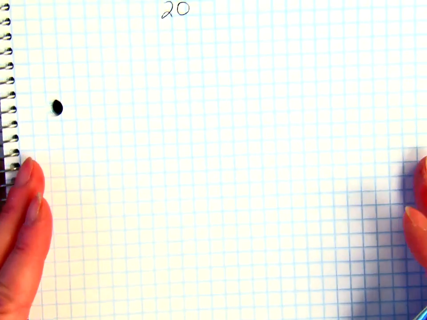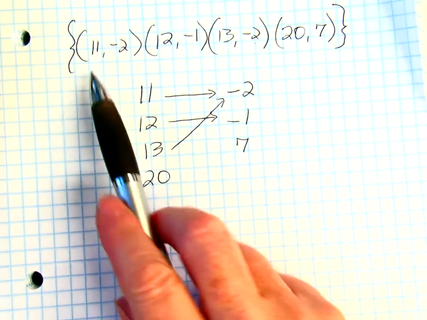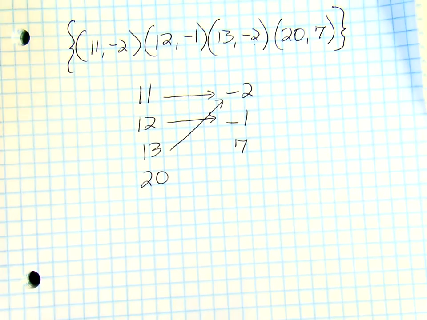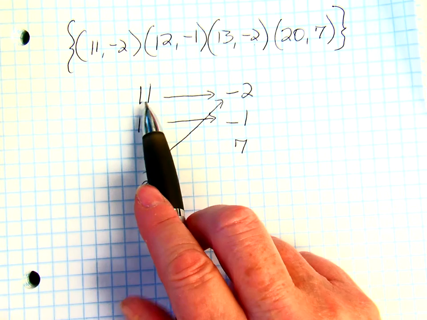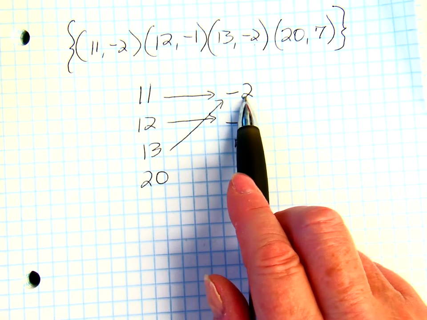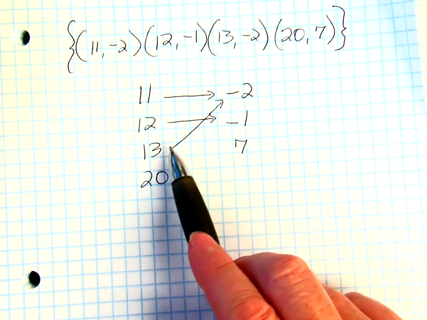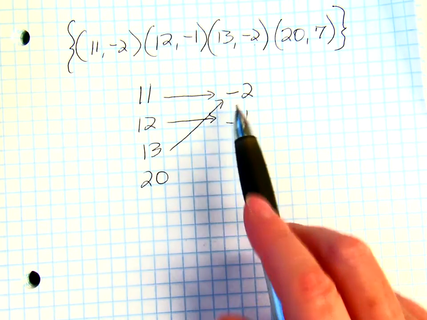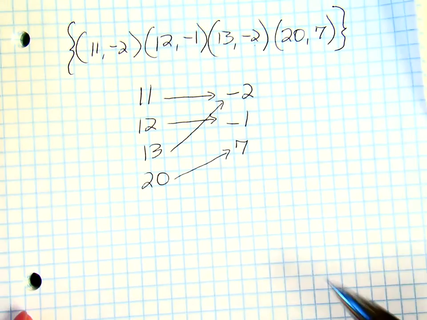So let's look at how we figure out whether or not we've got a function. Here's the relation from the prior page, and I've started drawing arrows. 11, the output is -2. 12, the output is -1. 13, the output is -2. And 20, the output is 7.